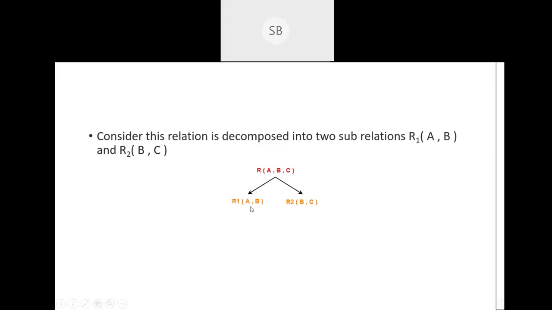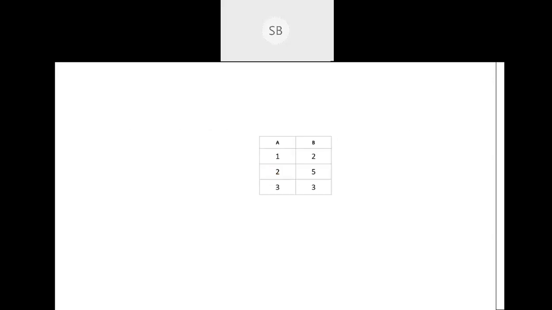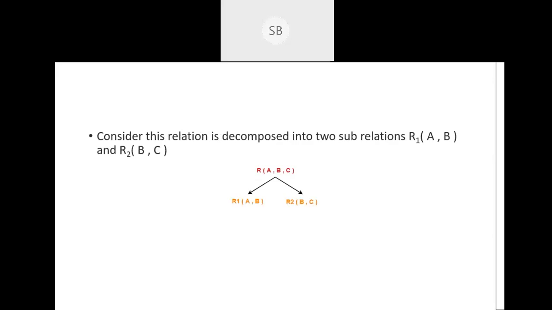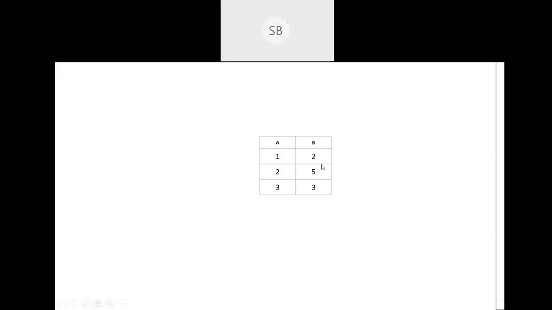One table contains attributes A and B, and the second table contains attributes B and C.